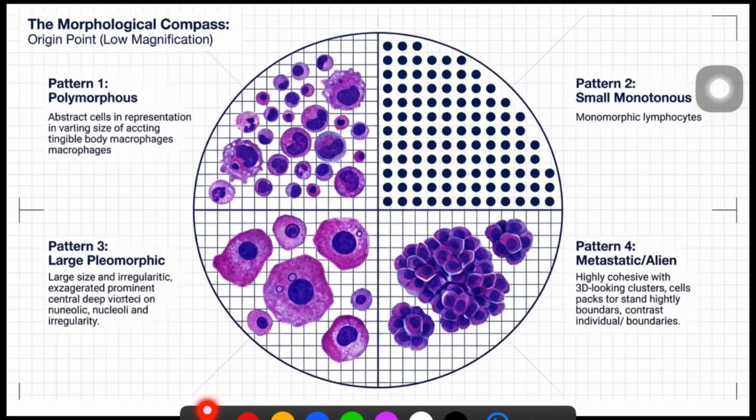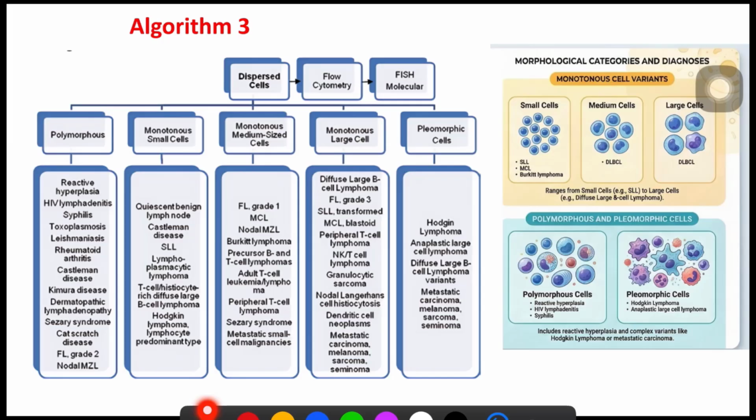So, from this pattern you can identify whether your cells have monotonous, polymorphous or pleomorphic appearance. So, this is algorithm 3 where you have to categorize your dispersed cells into 5 categories, whether it is polymorphous and pleomorphic.